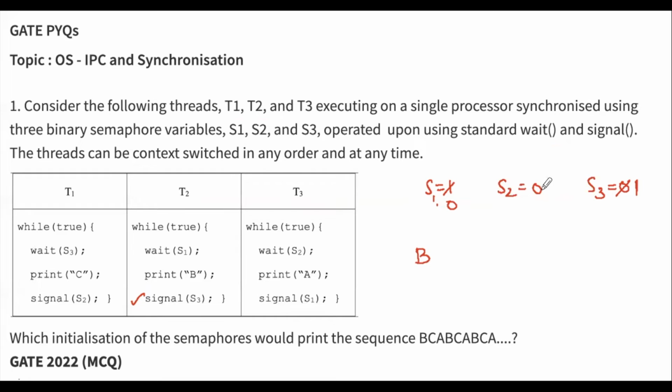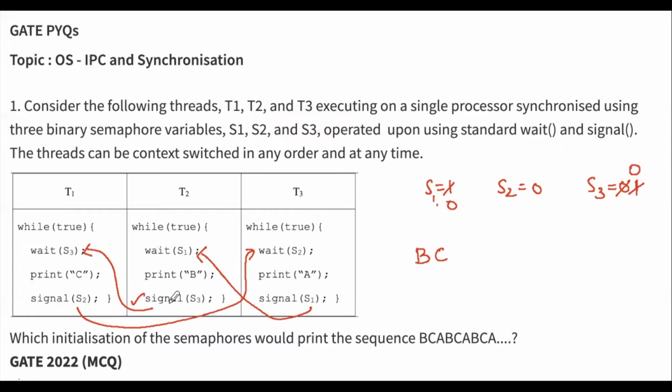So next it prints C, and before printing it reduces the value of S3 to 0. So this one activates this one, and this one activates the next, and so on.